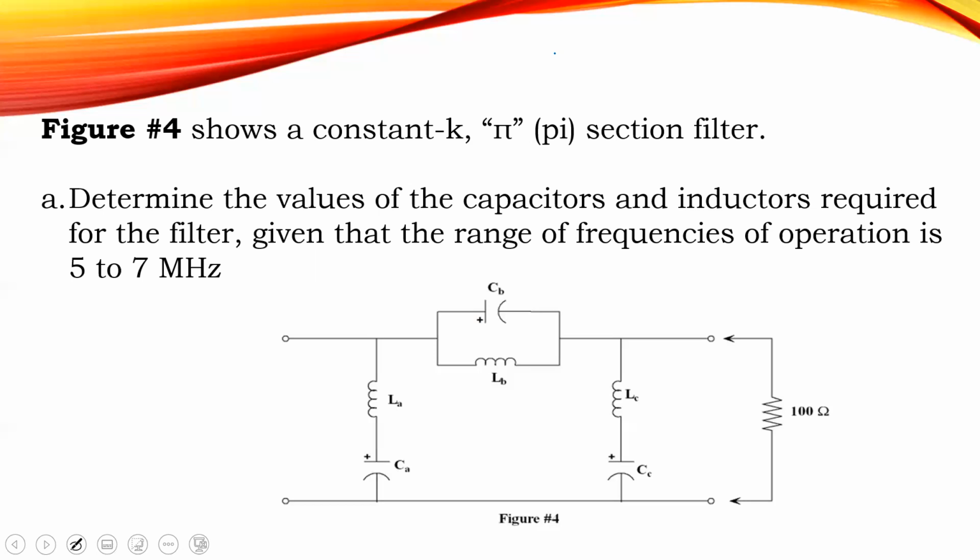Parallel LC, parallel resonant. So if we have a parallel resonant in series, what kind of filter do we have? Band reject. All right. So now we have established that it's a band reject filter.